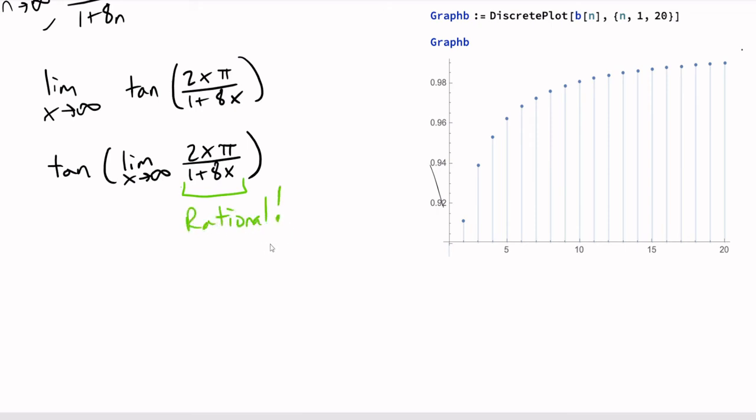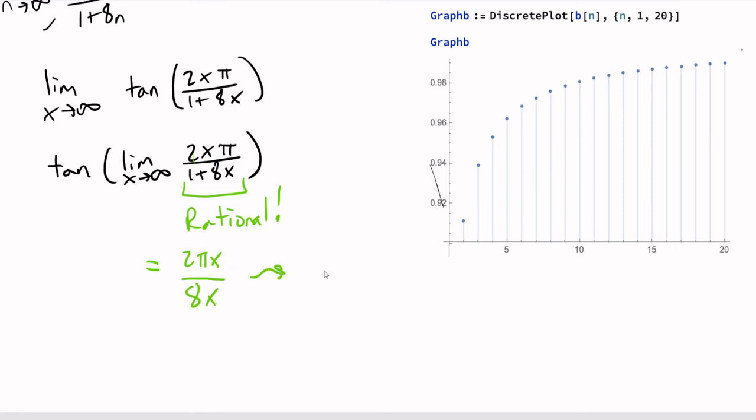However you deal with rational functions, L'Hopital's, the division trick, whatever, it just so ends up happening that this limit inside is going to equal highest power on top is 2 pi x. Highest on bottom is just the 8x. So x to the 1, x to the 1, those are the highest powers of x. We look at their ratio. You can think of canceling them.